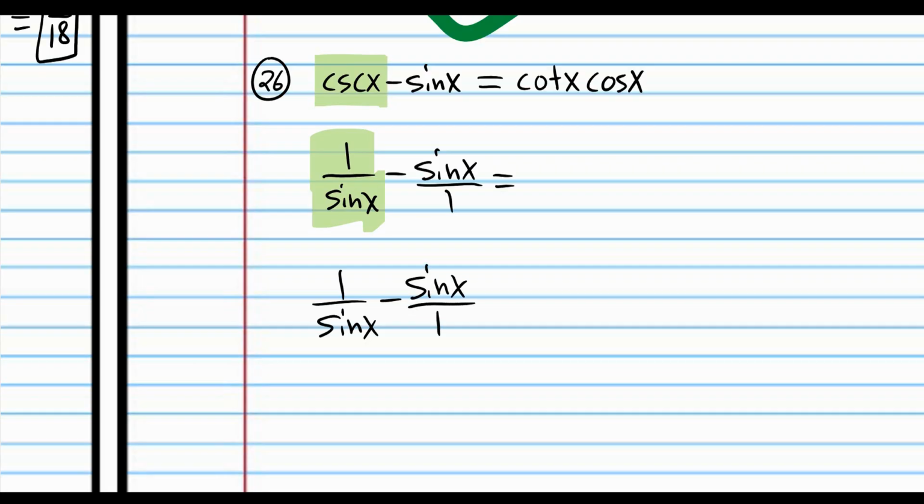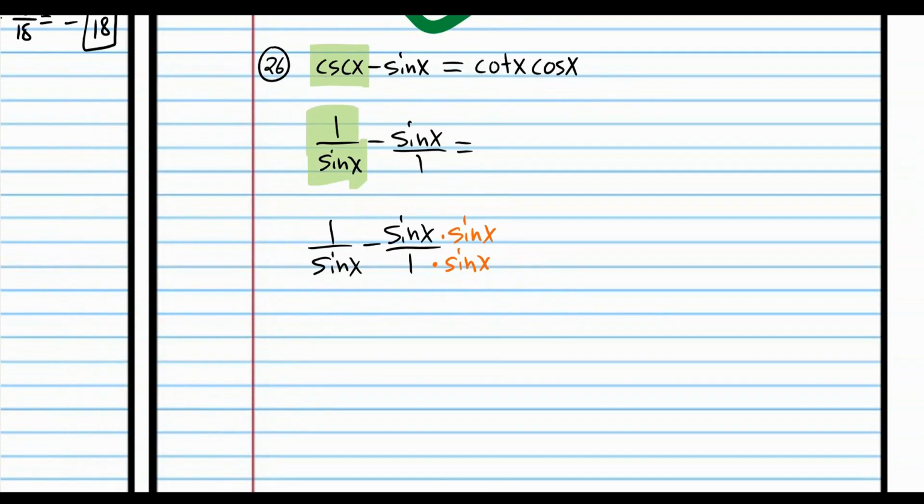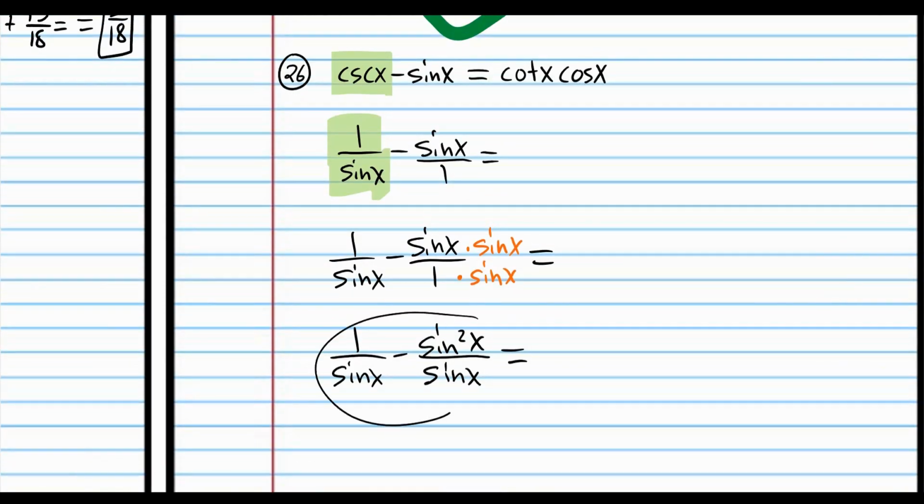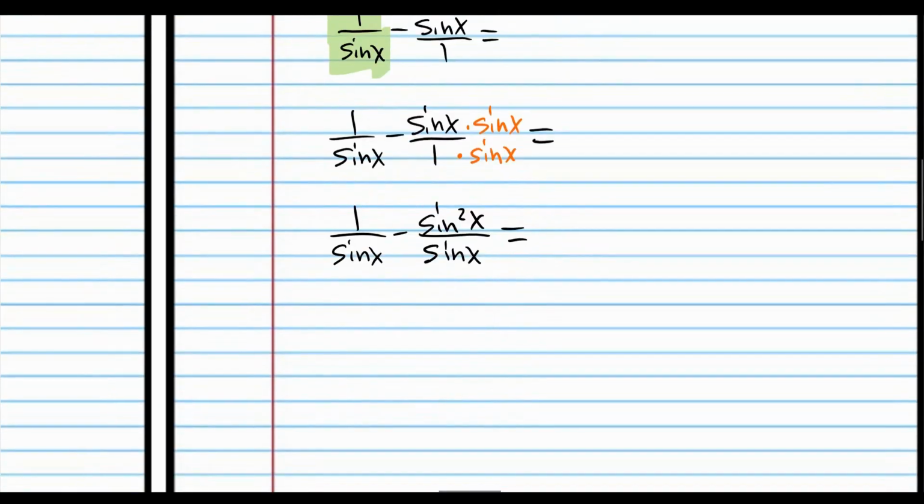So we get sine squared x over sine x. And the reason I did that is because now we have a common denominator. So now we have 1 minus sine squared x over sine x.